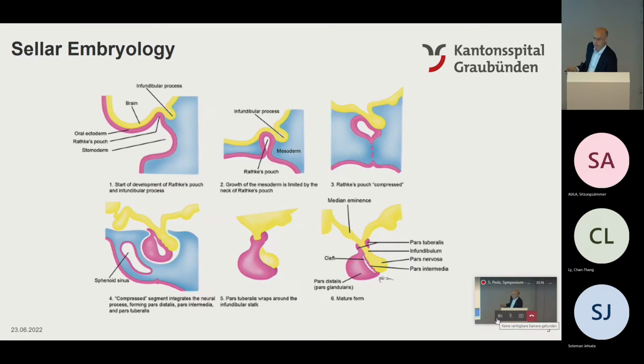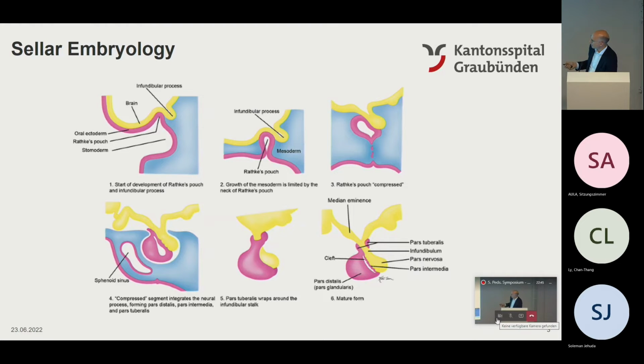In this stomodeum, the primordial oral cavity makes an outpocketing upwards, and at the same time the layer of the neuroectoderm progresses downwards, and those 2 layers meet and create the adeno- and the neurohypophysis.